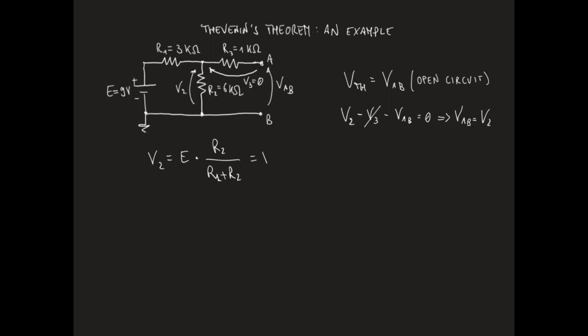And this is also VAB in open circuit conditions. Eventually, this is the VTH we were looking for. By replacing the values of E, R2, and R1 in the expression of VTH, we find that VTH is equal to 6 volts.